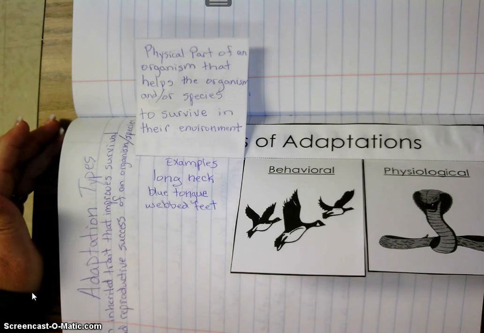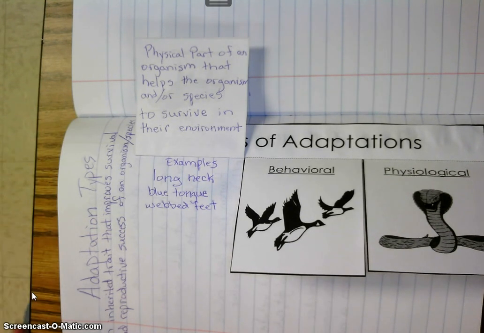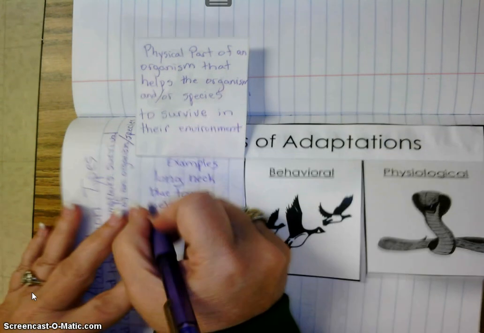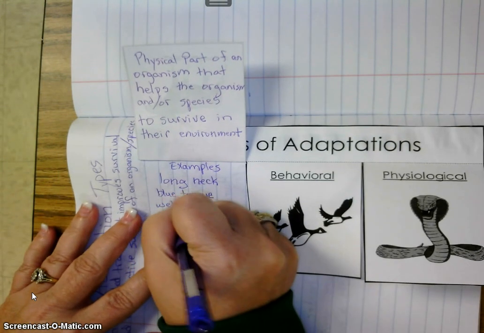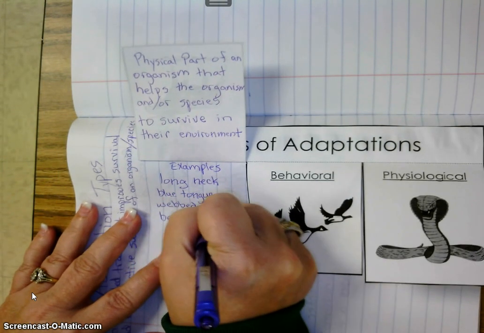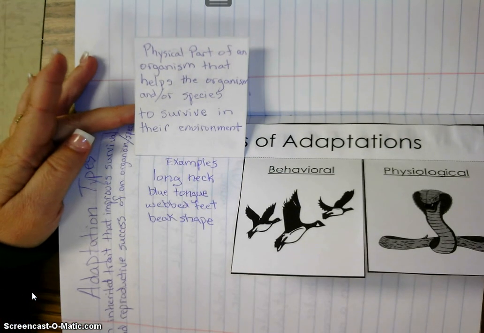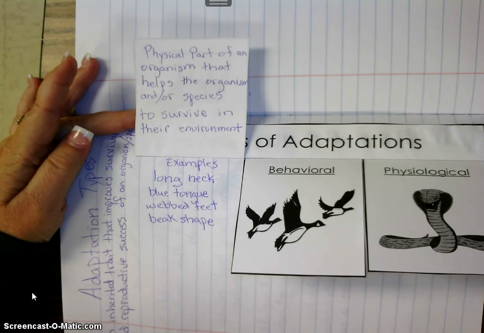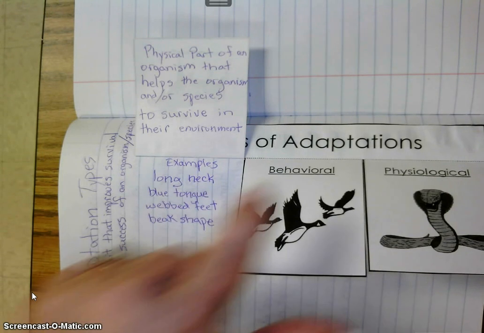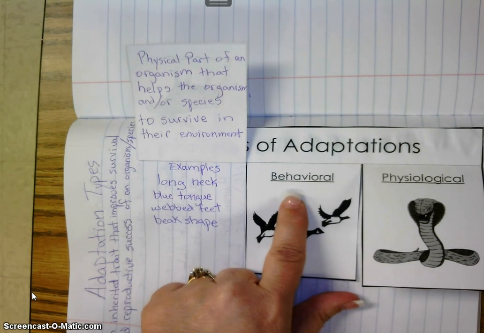If you've ever seen a hummingbird's beak compared to, say, a chicken's beak, they eat different foods. Their environments are a little different. What they eat is different, so their beak shape is different. So beak shape is an example of a structural adaptation.